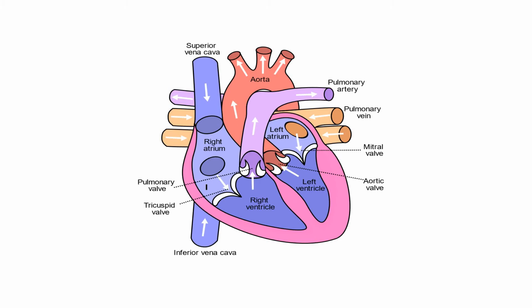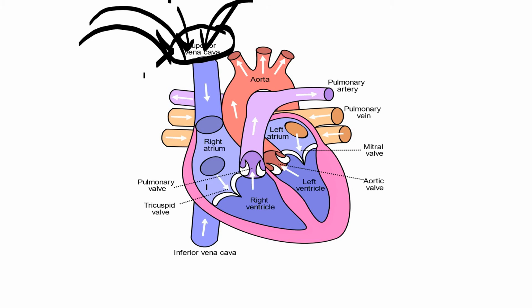Another thing that we can see is the superior vena cava. The vena cava is a large vein that collects blood from all the parts of the body, especially the upper parts of the body, the blood which is rich in carbon dioxide, and drains it into the right atrium, that is the first chamber.